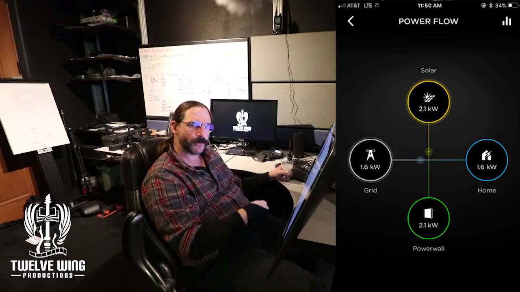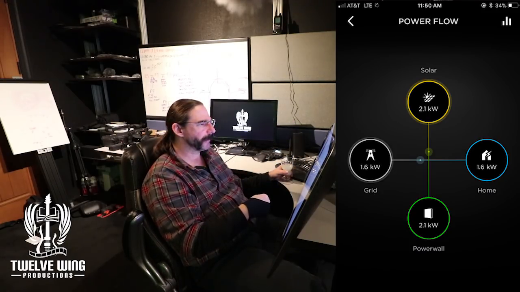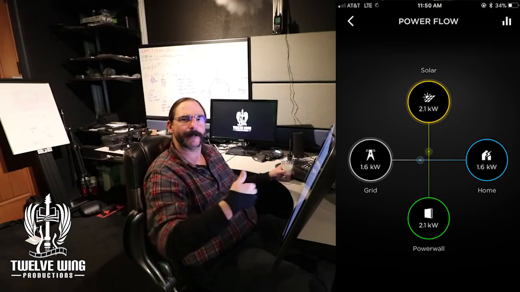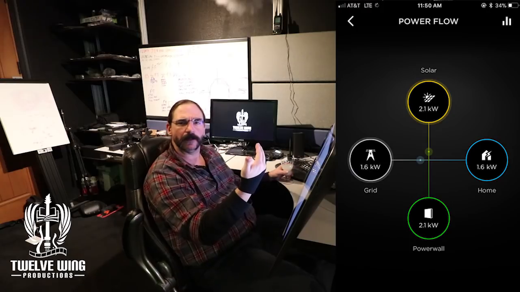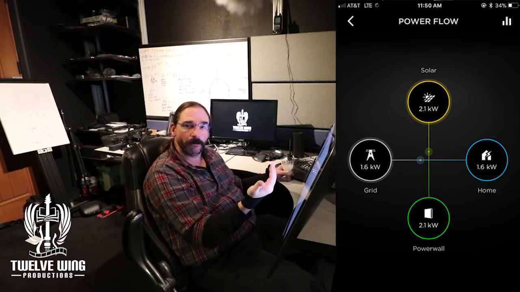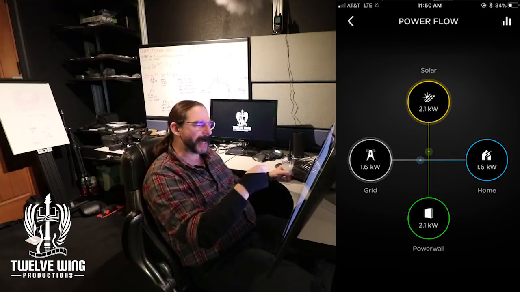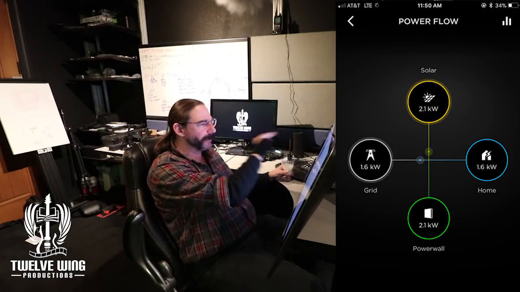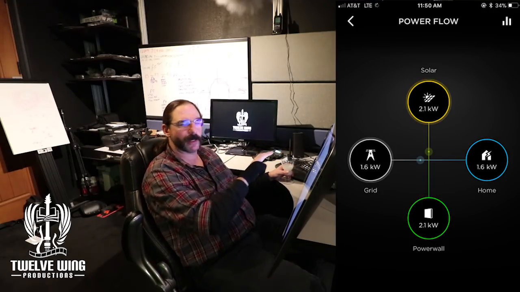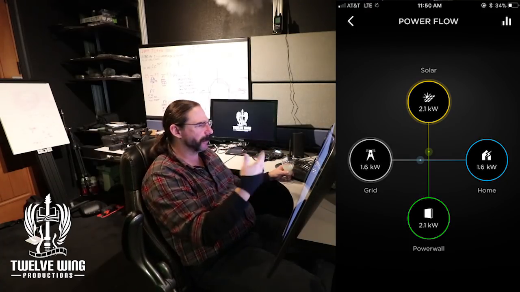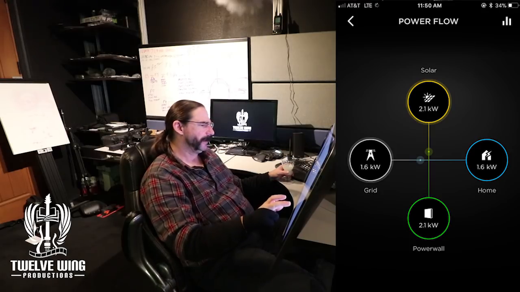That power is going straight to the battery, right? And we've got a home consumption of 1.6. Now, even though we're exceeding the use of the home by a decent bit, we're still charging the battery, and we're pulling 1.6 off of the grid. So obviously that's designed to compensate for what the home is using.